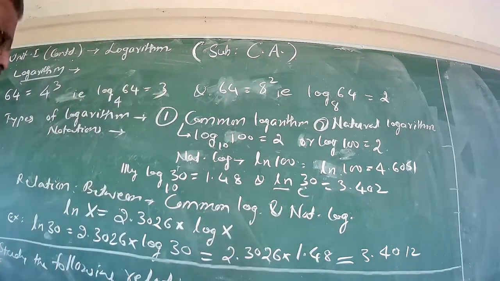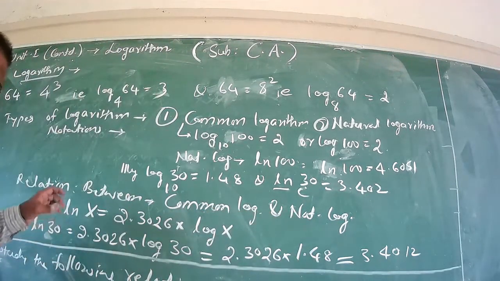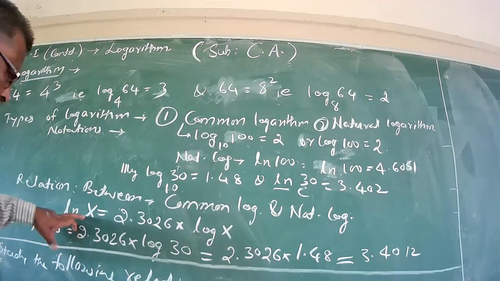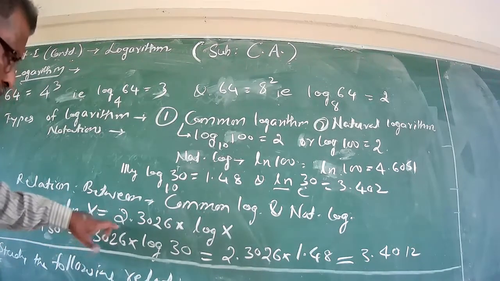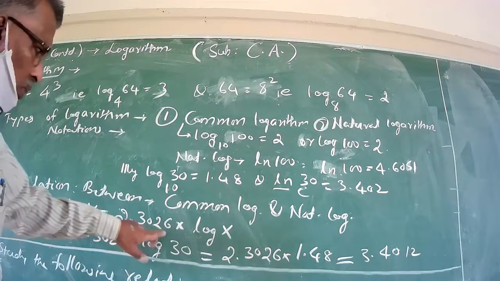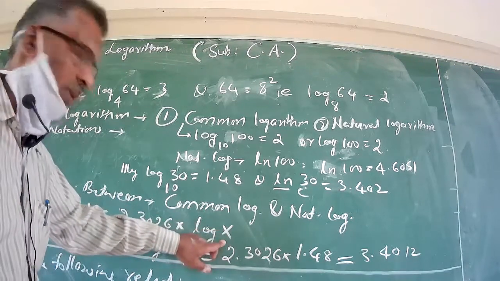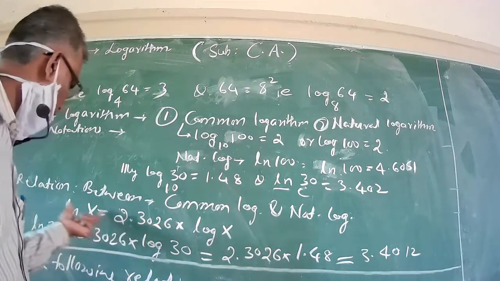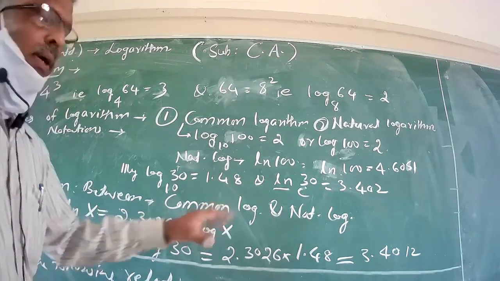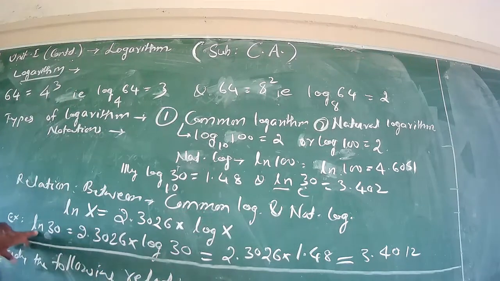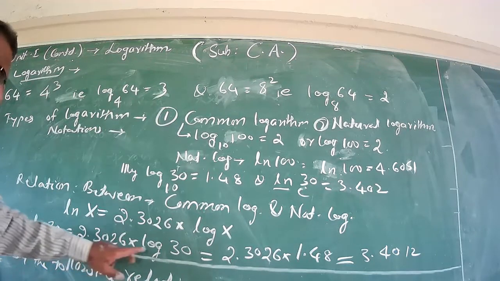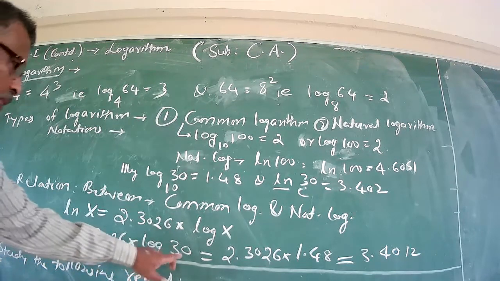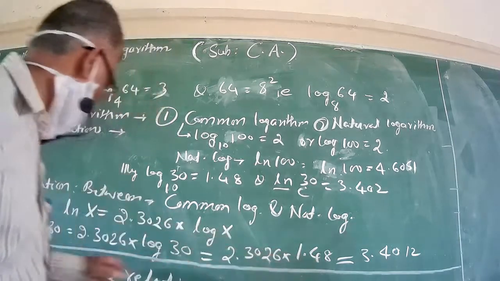Now the relation between the common logarithm and natural logarithm. For any number x, the natural log of x equals 2.3026 multiplied by log of x. For example, natural log of 30 equals 2.3026 into log of 30. The number is the same.